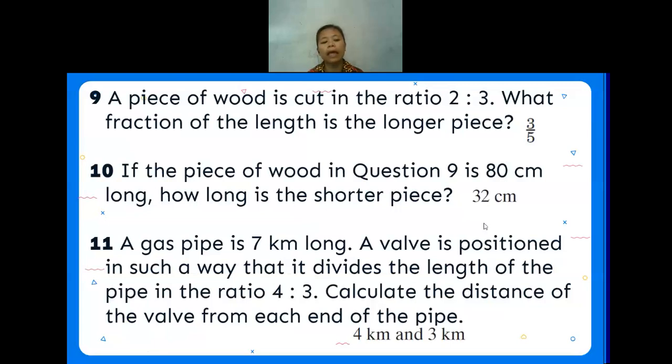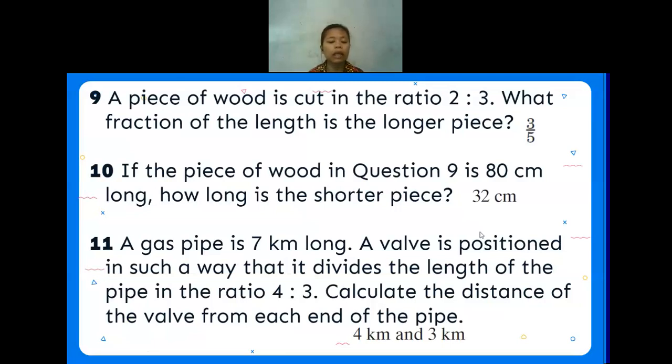For the question 10, if the piece of wood in the question 9 is 80 centimeter, so the 5 will be equals to 80 centimeter. If you are going to find the shorter one, if you use the fraction, it will be 2 out of 5 times 80. The answer will be equals to 32 centimeter.